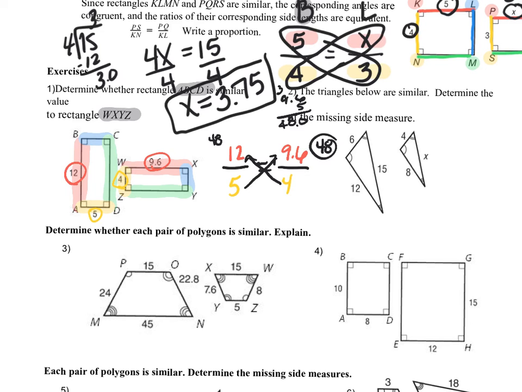So when I set them up and they cross multiply and they're equal, they are going to be proportional. Both sides are 48. So it says determine whether they're similar. And you would say, yes, they are similar.